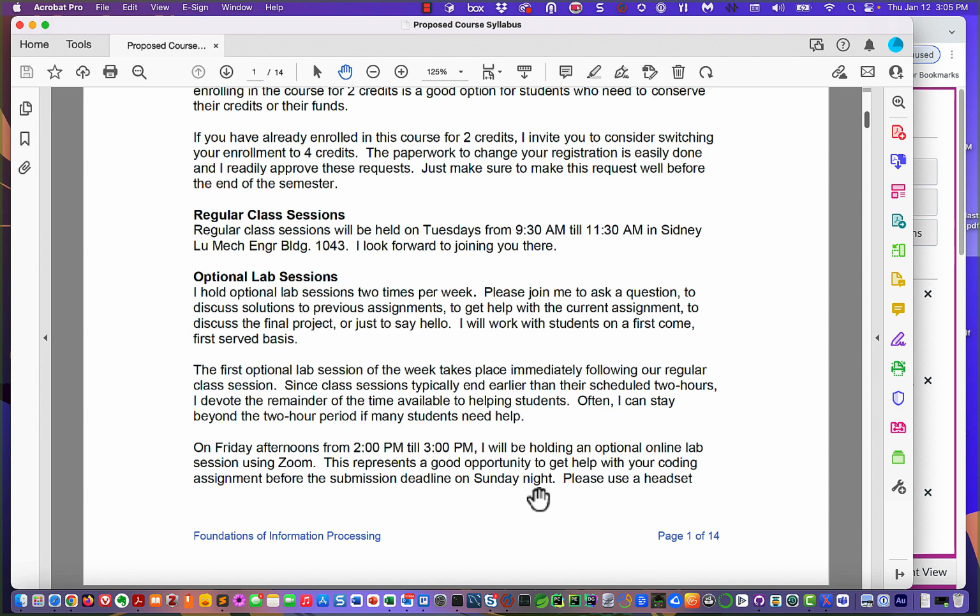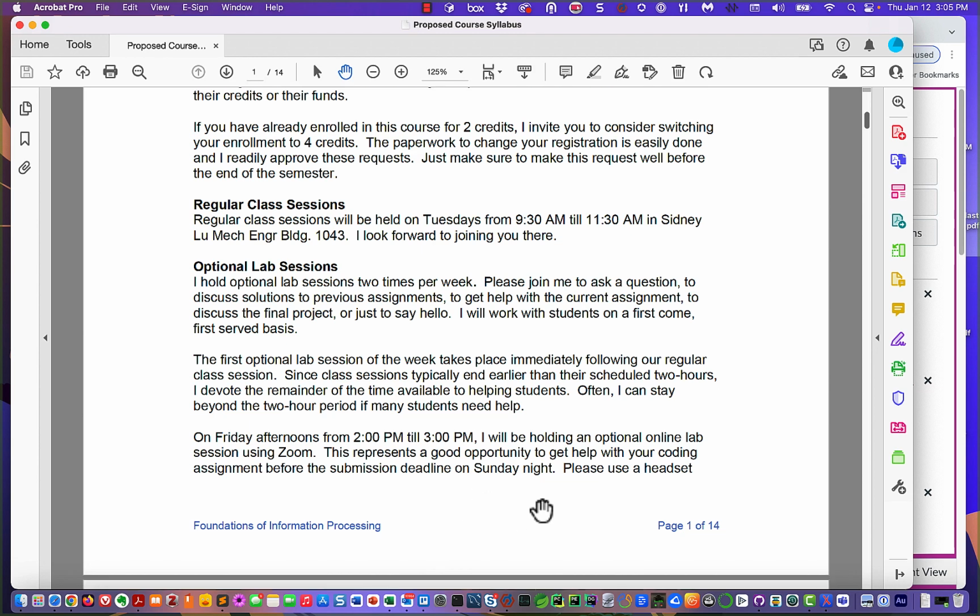The lab session for the A section is from 2 to 3. The lab session for the B section is from 3 to 4. The lab session for the O section is from 4 to 5. I'm going to pull the links into Canvas such that if you really need to come to one that's not organized for you, you can. I just haven't done that yet.